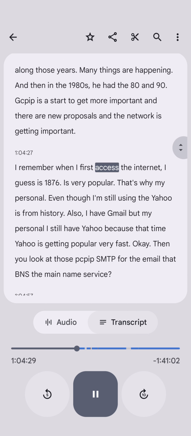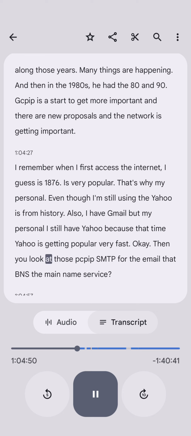I remember when I first accessed the internet, I guess it was the late 80s. Yahoo was really popular. That's why for my personal email I'm still using Yahoo. It's from a history perspective. I also have Gmail, but for my personal one I still like Yahoo, because at that time Yahoo was getting popular very fast.